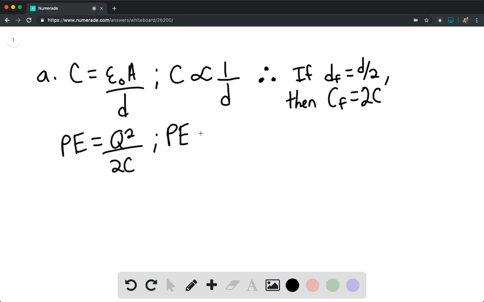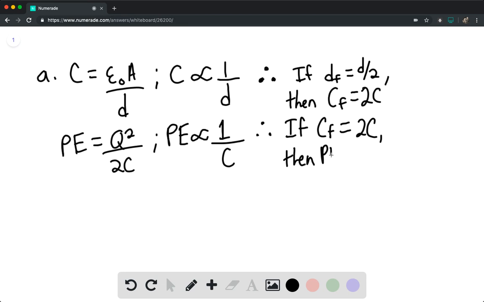So we know that the stored energy is inversely proportional to C. Therefore, if C final equals 2C, that means that the potential energy final is going to equal half of the original potential energy.